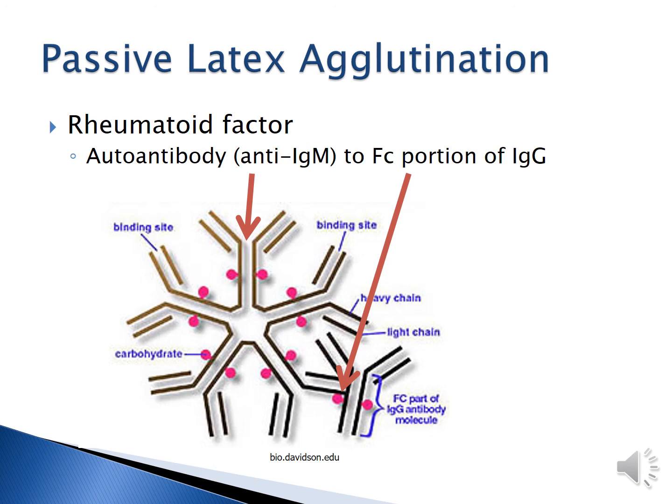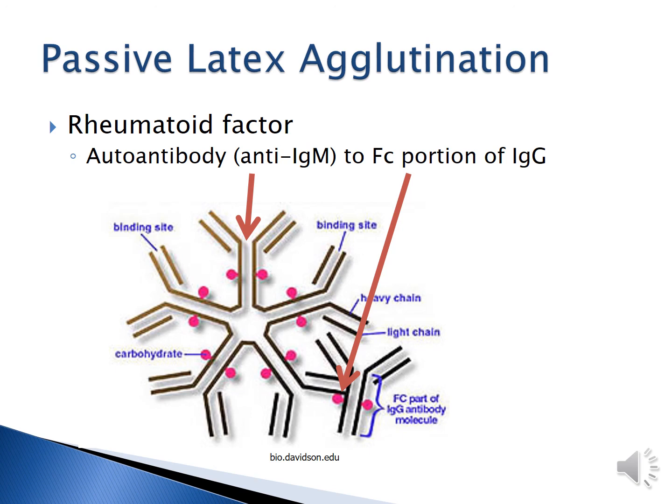One way we could find out if this person has this rheumatoid factor is to do a passive agglutination test. We can put a latex bead coated with IgG and then add the patient's serum to see if we have any agglutination going on.